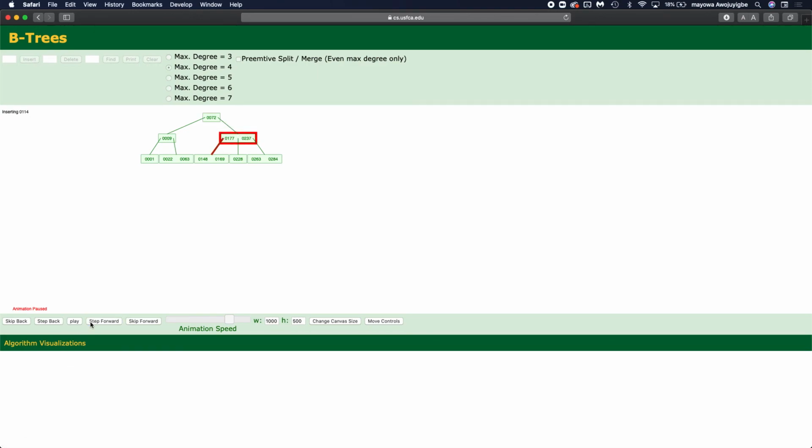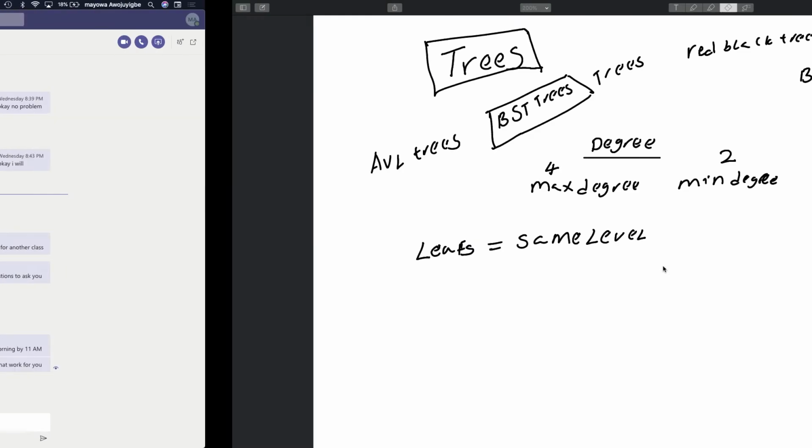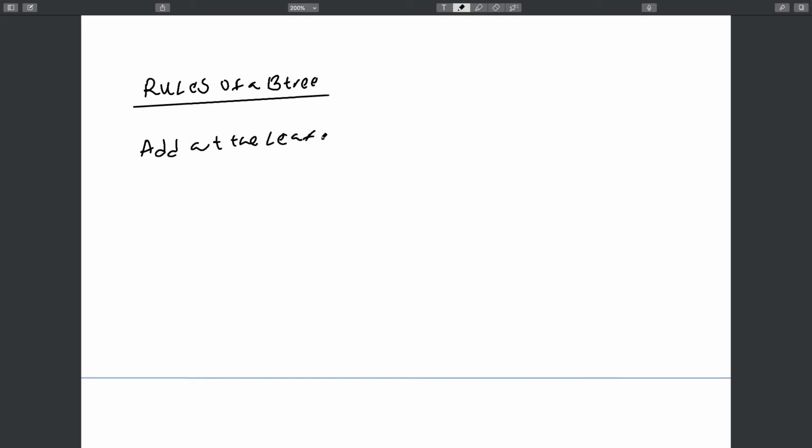We have to always add at the leaf. So let's write it down here. Rules of a BTree. We have to always add at the leaf. What else do we have to do?